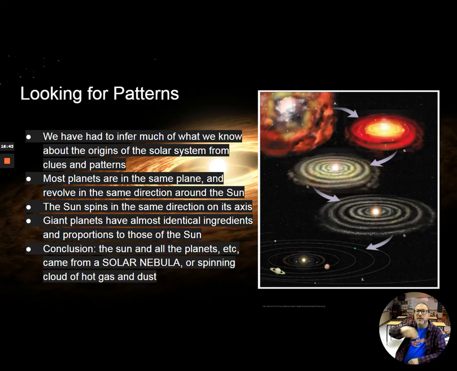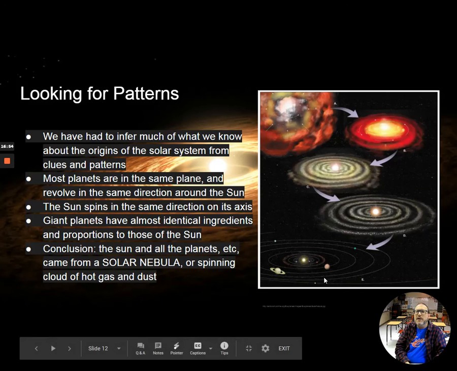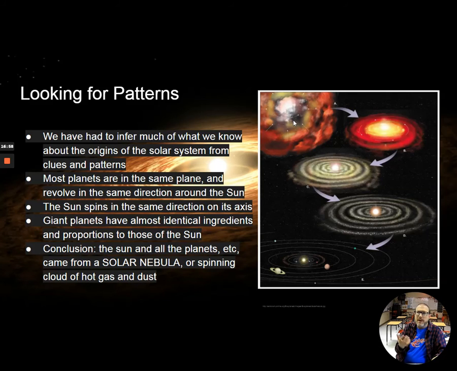The sun itself also rotates in that same direction. Now, when we look at all of that spinning in the same direction, it's not hard to imagine that it all started out as a large cloud of hot gas and dust called a solar nebula.